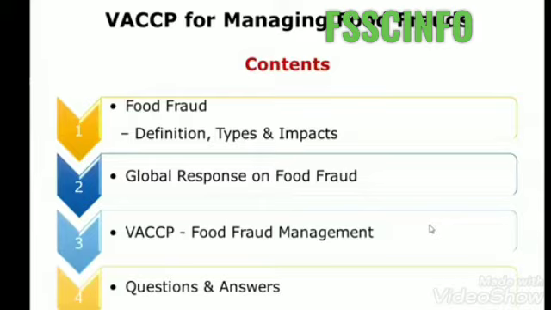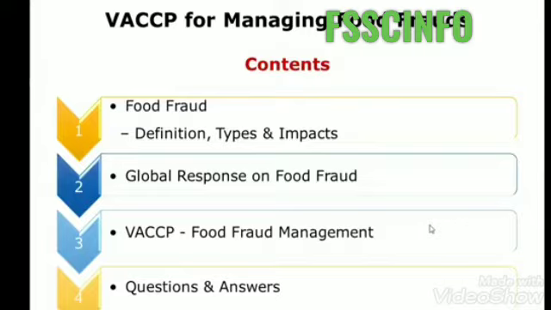So we will talk about what is actually food fraud. We will go into detail of different types of food fraud and the risks associated with them, and what is actually going on in the world globally regarding food fraud management.